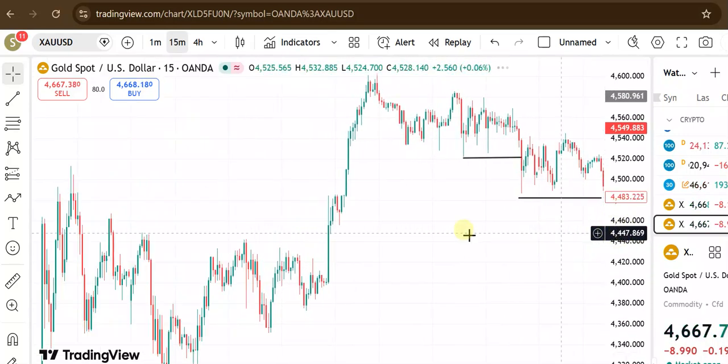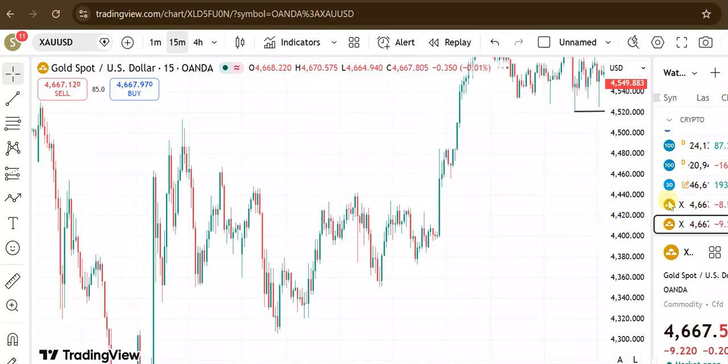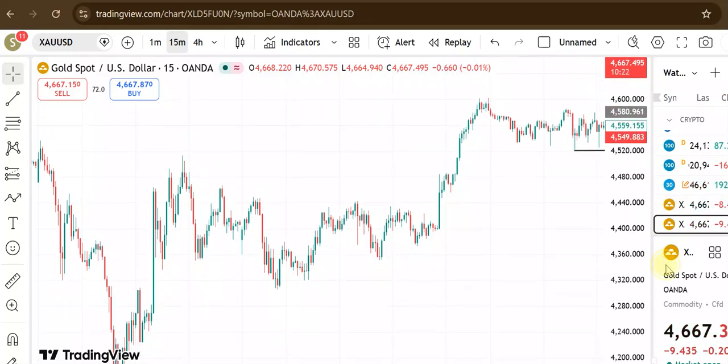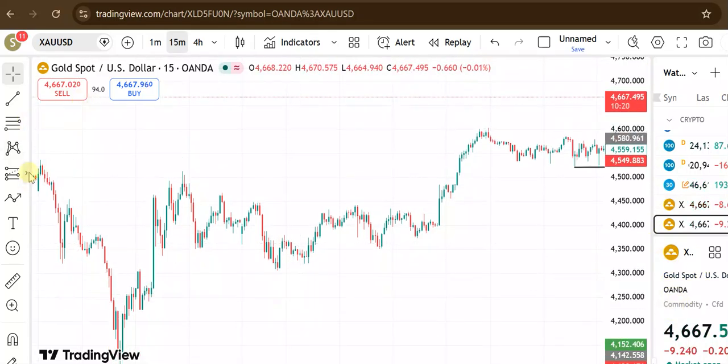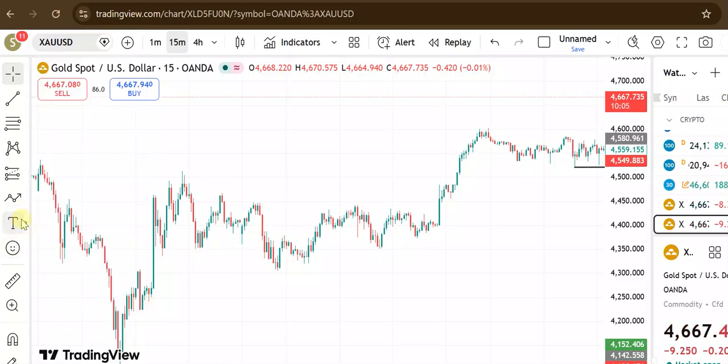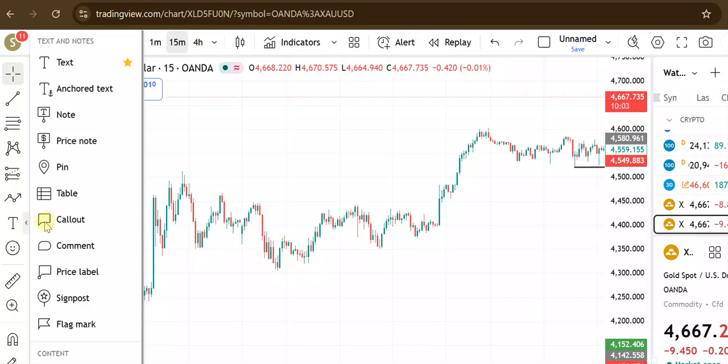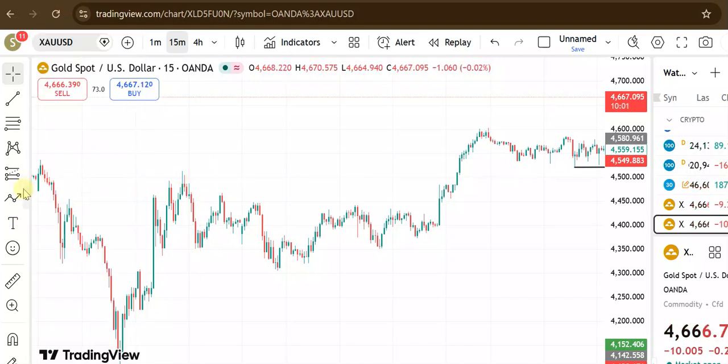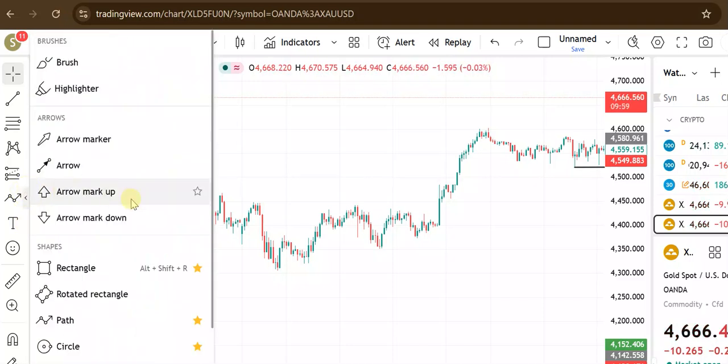Now let's find a ranging market. This is one. I don't know where the box is. I usually don't use TradingView for my analysis.